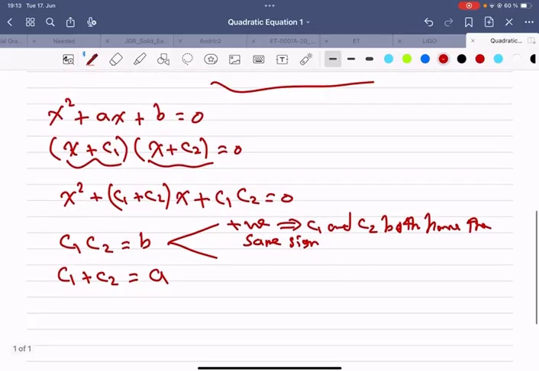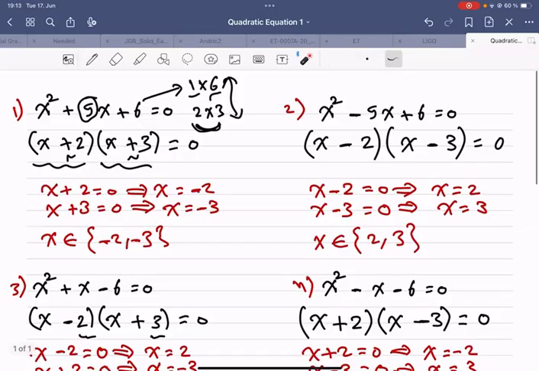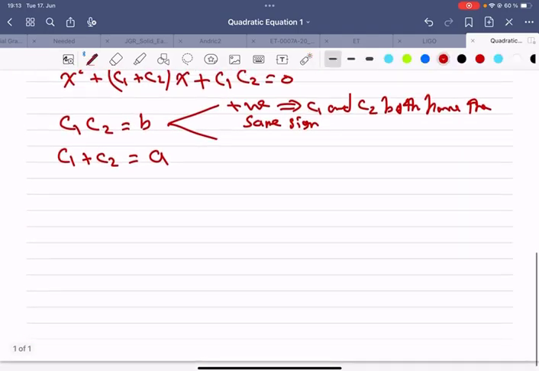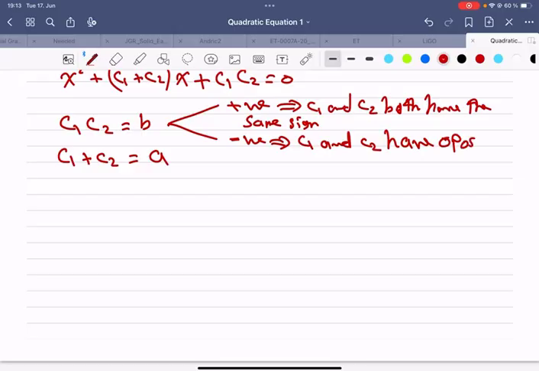And if b is negative, like here and here, this means that the two numbers have opposite signs. c1 and c2 have opposite signs.